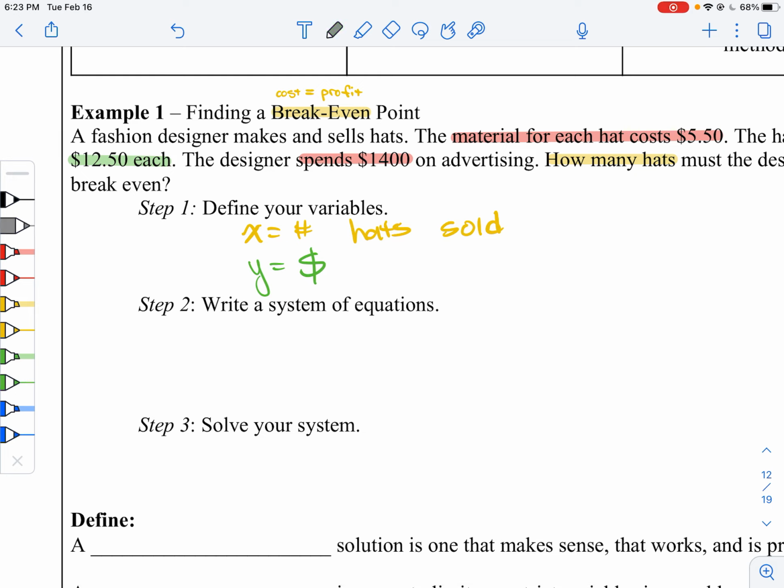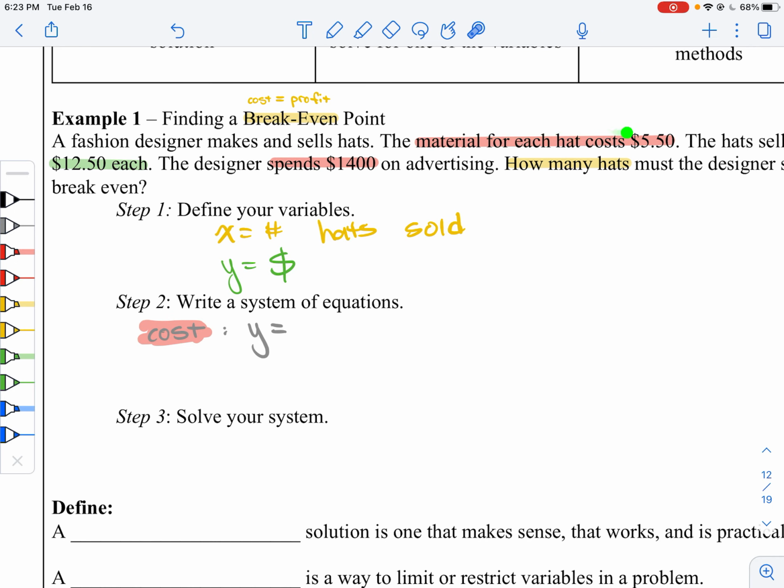Our first equation, I want to represent cost. Okay. So I know that Y represents cost. So I'm going to say Y equals, and then what are my cost things? What are my costly ideas? Well, each hat costs 5.5.